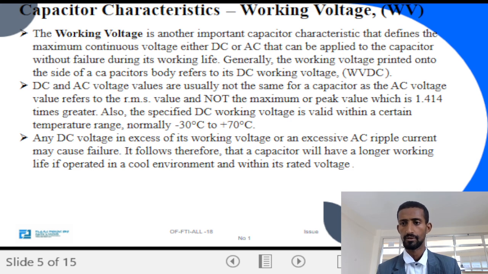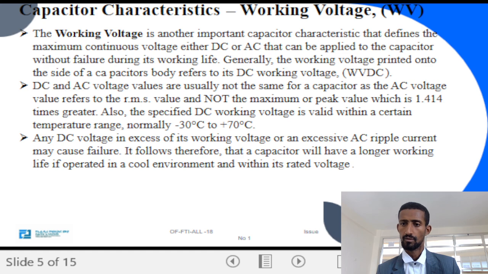We call it WVDC, working voltage DC. DC and AC voltage values are usually not the same for a capacitor, as the AC voltage value refers to the root mean square value, and not the maximum or peak value, which is 1.414 times greater.